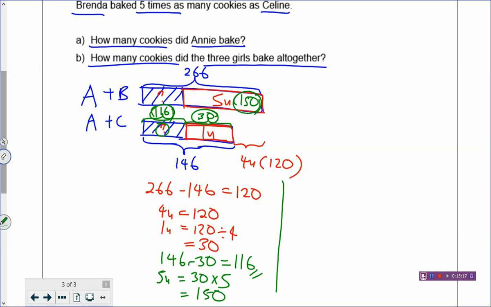So I add all these 3 figures. So Brenda 150 plus Annie 116 and then plus Celine 30. So how many cookies did they bake all together? So you just add the numbers and you will get 296 cookies. So they bake a total of 296 cookies altogether, and you solve the problem.